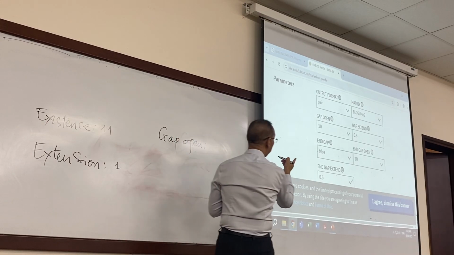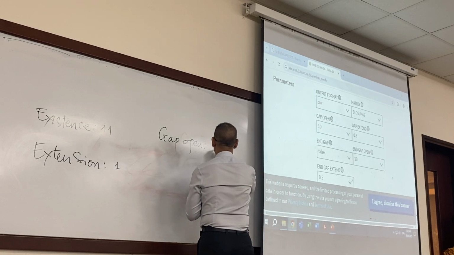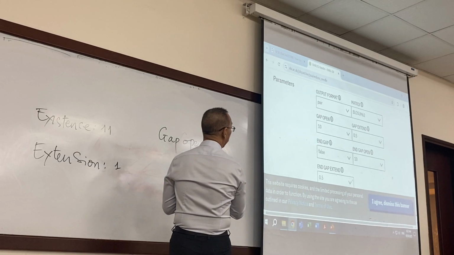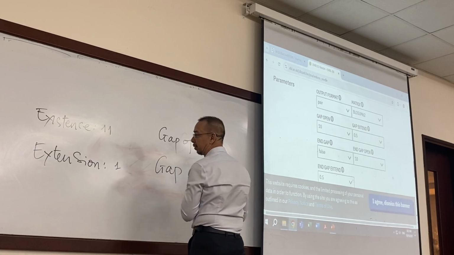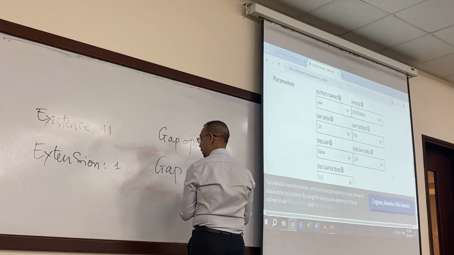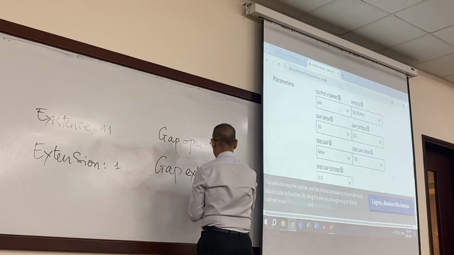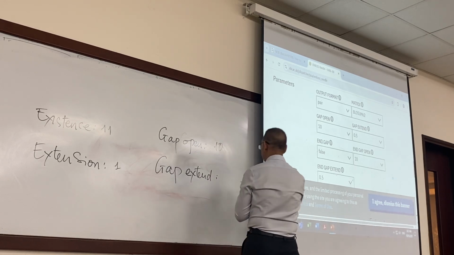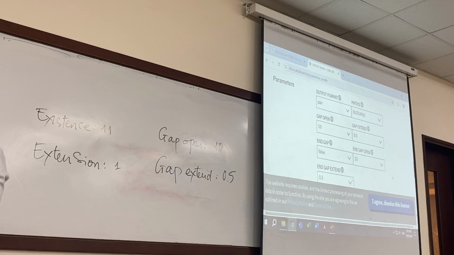And gap open here is set up at 10. And gap extend is the same as extension in the class, and set up at 0.5. So you see, the value will depend on the program.